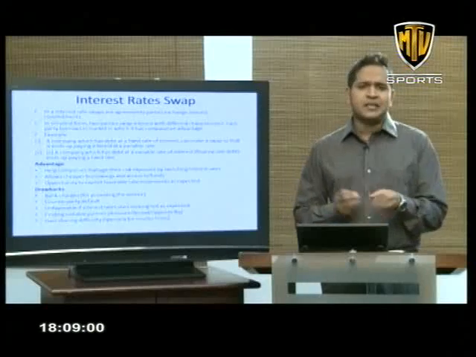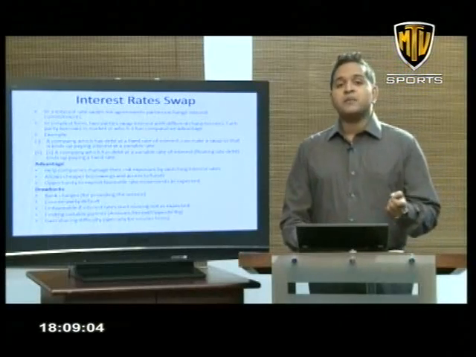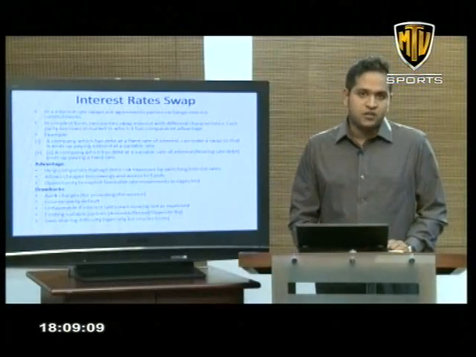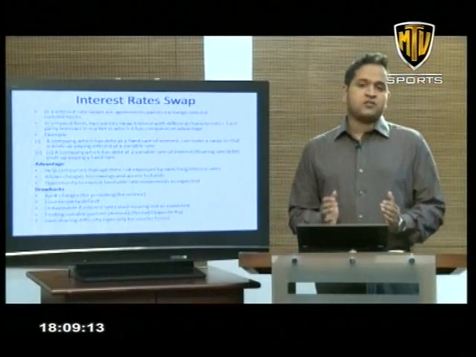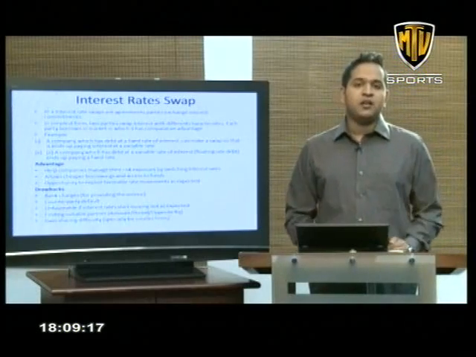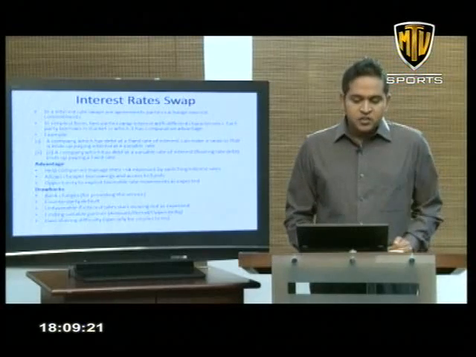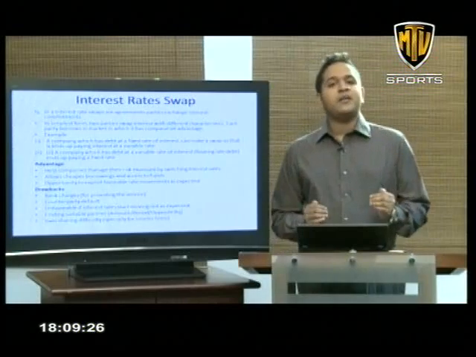So if a company has some floating debt, they will expose themselves to interest rate risk, and that's where interest rate hedging comes into play. Under interest rate hedging, interest rate swaps are quite popular and testable as far as the calculations are concerned.